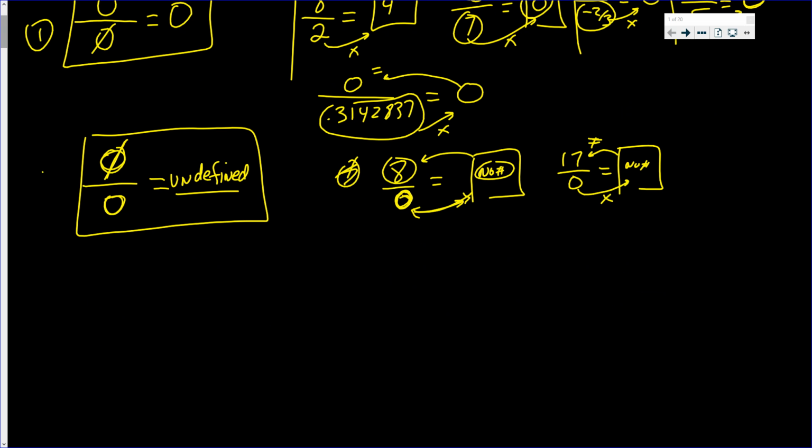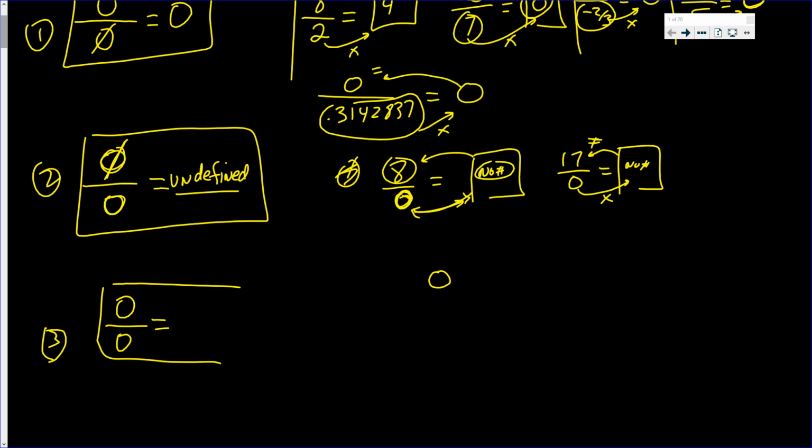Call this 1, 2, and 3 is going to be when the top and the bottom are 0. What does this equal? Well, if you have 0 over 0, let's see, it can equal 0. After all, 0 times 0 equals 0, but it can also equal 11, because 0 times 11 equals 0.